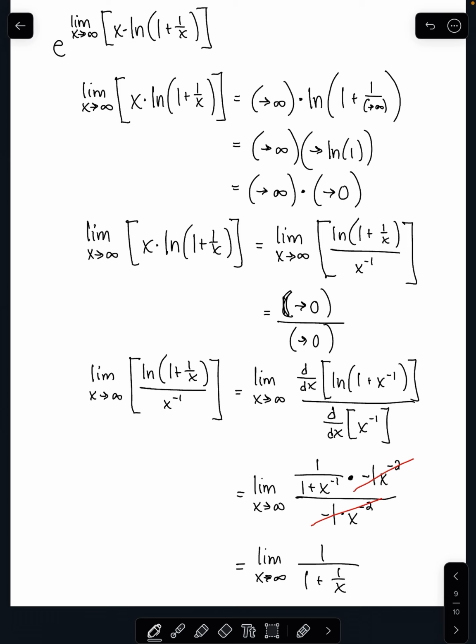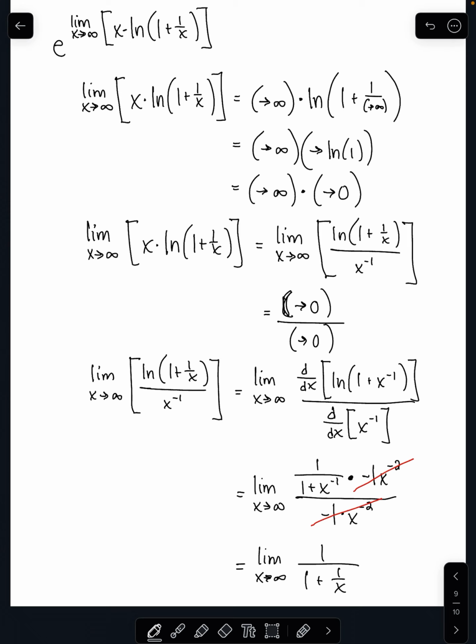At this point, I will return the x to the negative first to its original form of 1 over x, because our next step is to use direct substitution to evaluate this limit. Because we have now broken the indeterminate form, the numerator is now a constant 1. So what will happen with this is going to be dependent on what happens in the denominator.